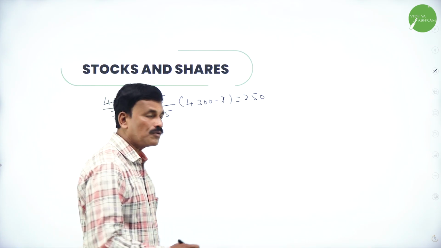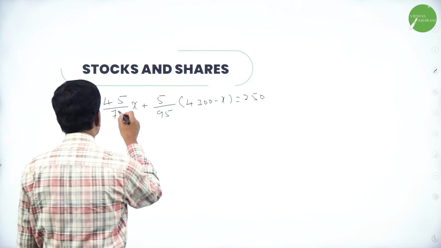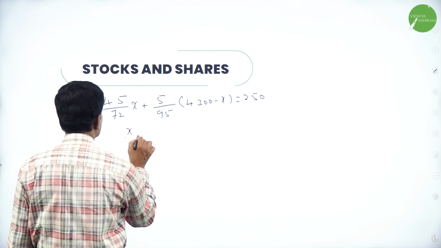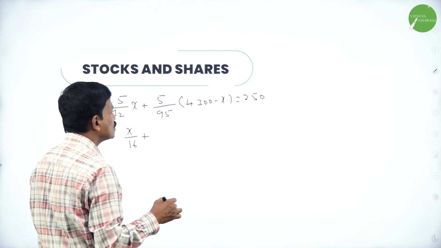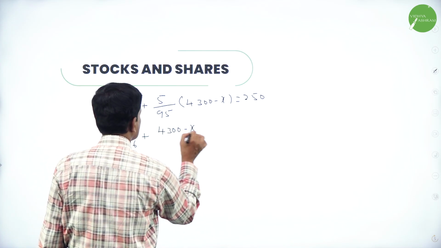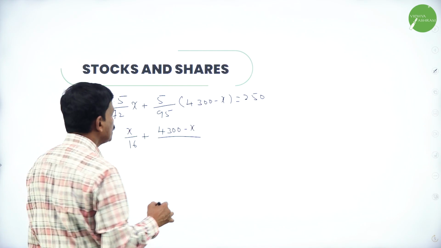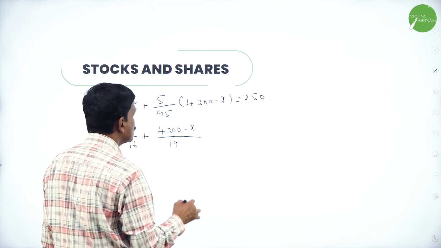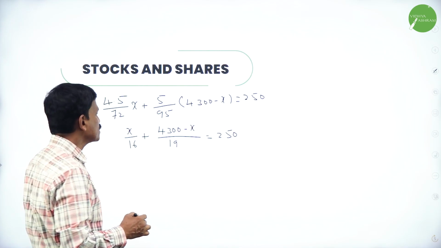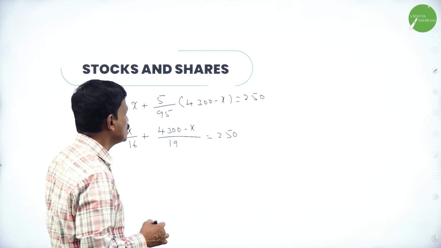Now, if you divide, 4.5 divides 72 by 16 times, so this is equal to X by 16. Similarly, 4,300 minus X, with 5 divided by 95, will be divisible by 19 times, is equal to 250. So, X by 16 plus 4,300 minus X divided by 19 is equal to 250.